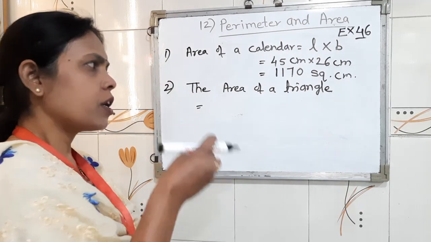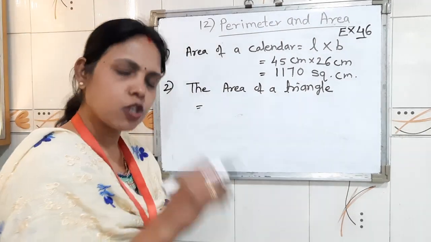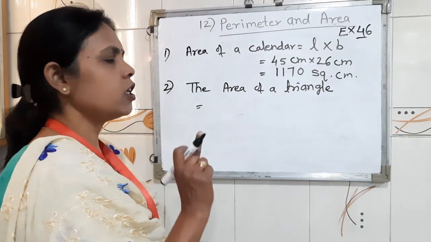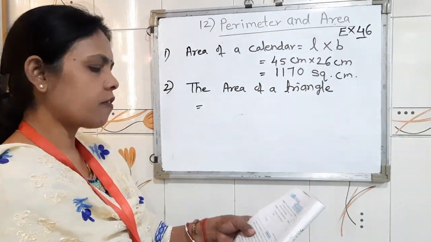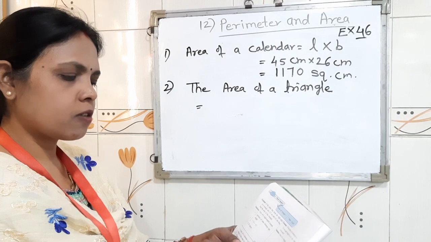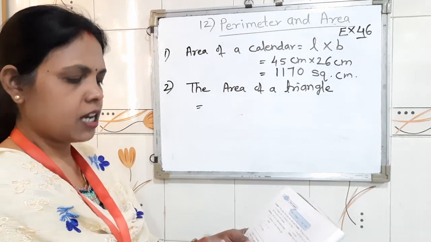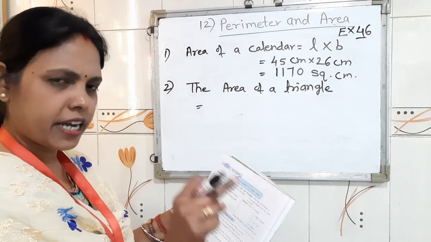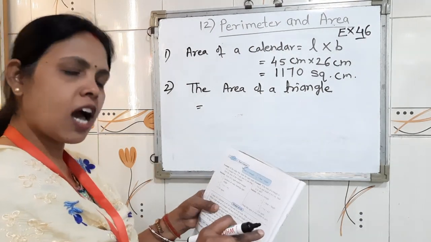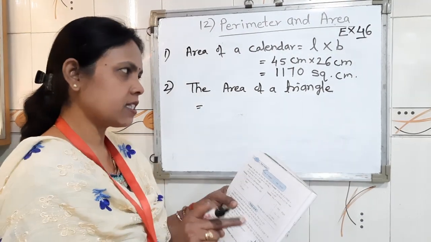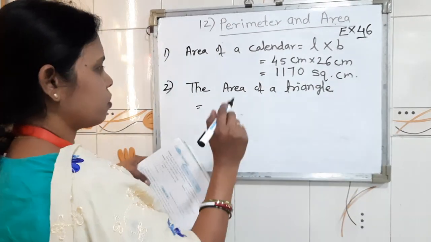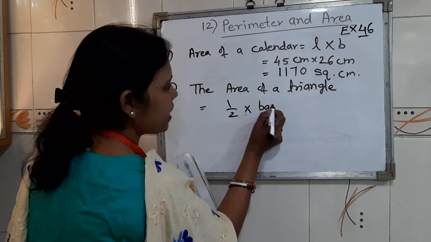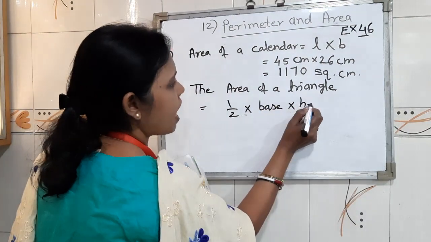But we will use the formula according to what is given in our question. Here base is given and height is given. So the formula with base and height, that you will use, that is half into base into height.